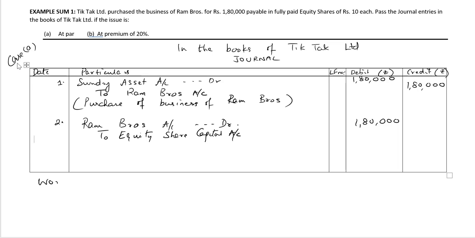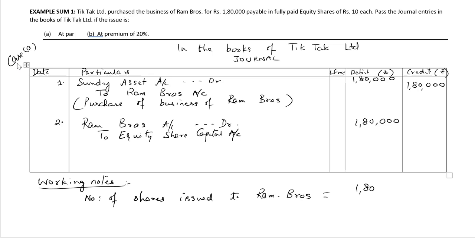Let's do the working notes. Number of shares issued to Ram Brothers is the amount which is payable, which in this case is 1,80,000 rupees, divided by the issue price per share.